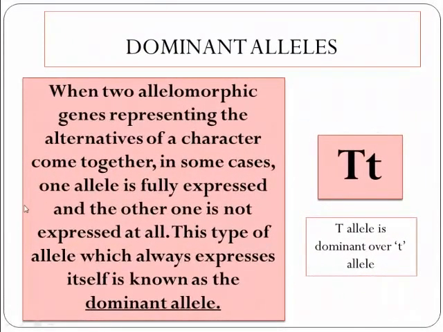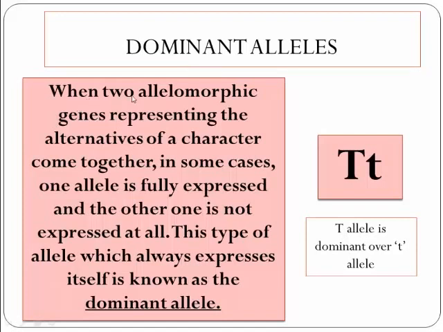Next term, which is used to understand Mendel's work, is the dominant allele. Now, what are the dominant alleles? Literally, the meaning of dominant, we all know, is the stronger part which can express itself. Now, genetically, what is the meaning of dominant allele? That I will discuss.